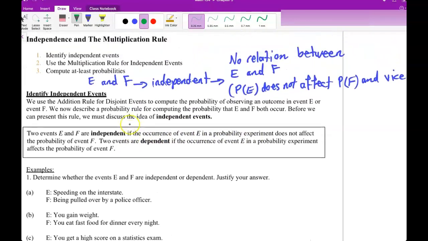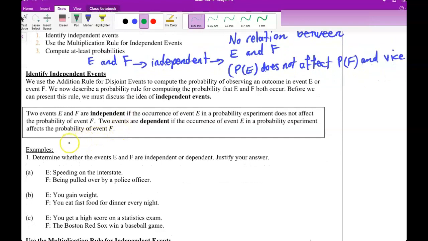Now what do we have for dependent? Again, we have two events, E and F, and these two are dependent.